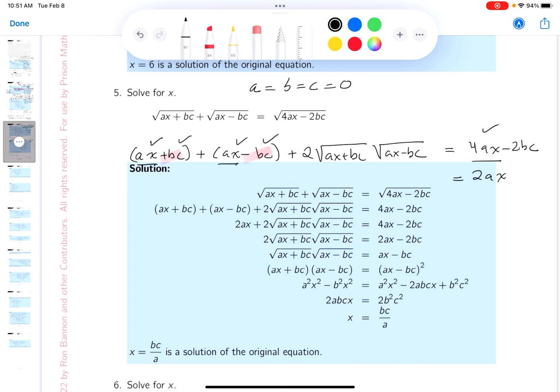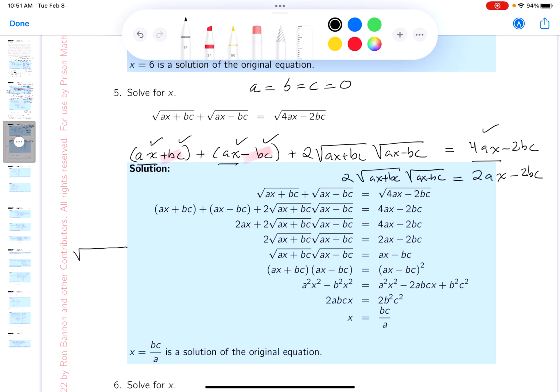Then what do you get? Minus 2bc. And over here, you get 2 times the root of ax plus bc, and another radical of ax minus bc. I'm going to divide by 2.